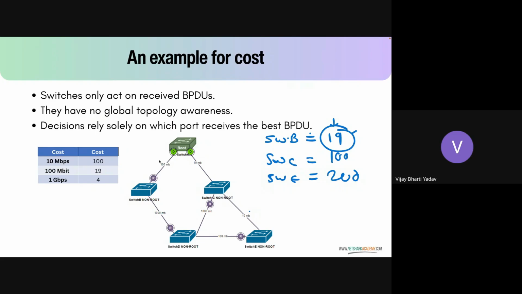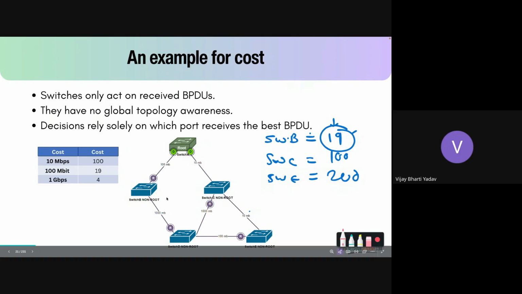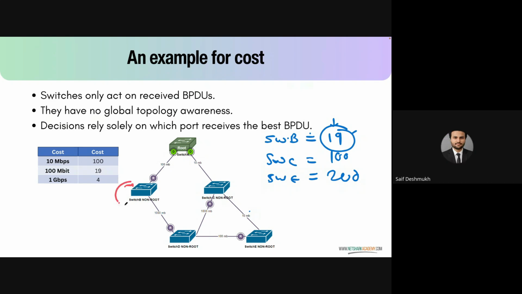I just want to know one thing about the cost. Switch B will receive cost from the root bridge, that cost is 19, and the same cost will be advertised in the downward direction, correct?